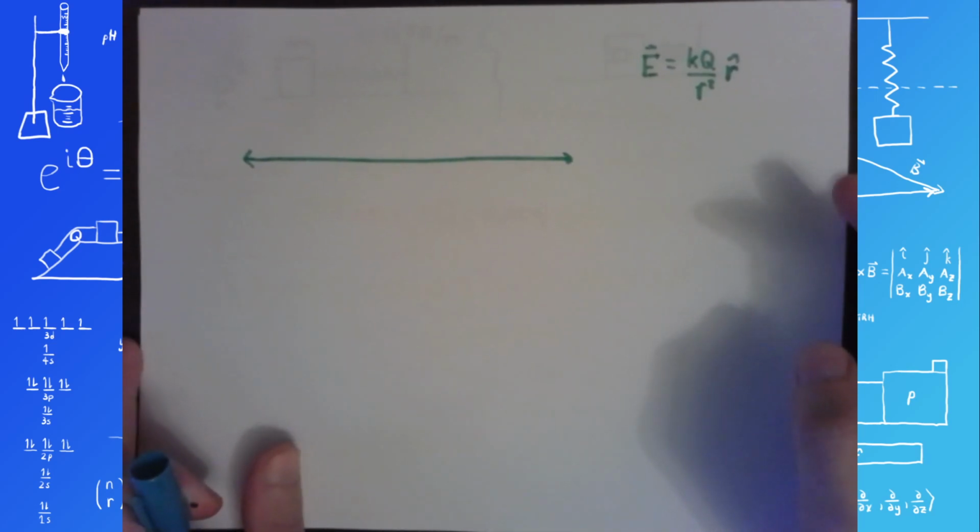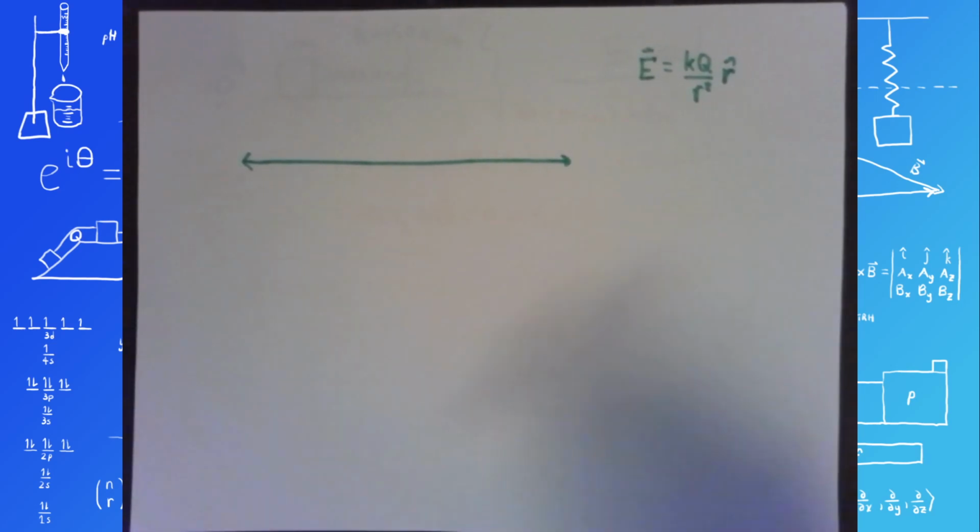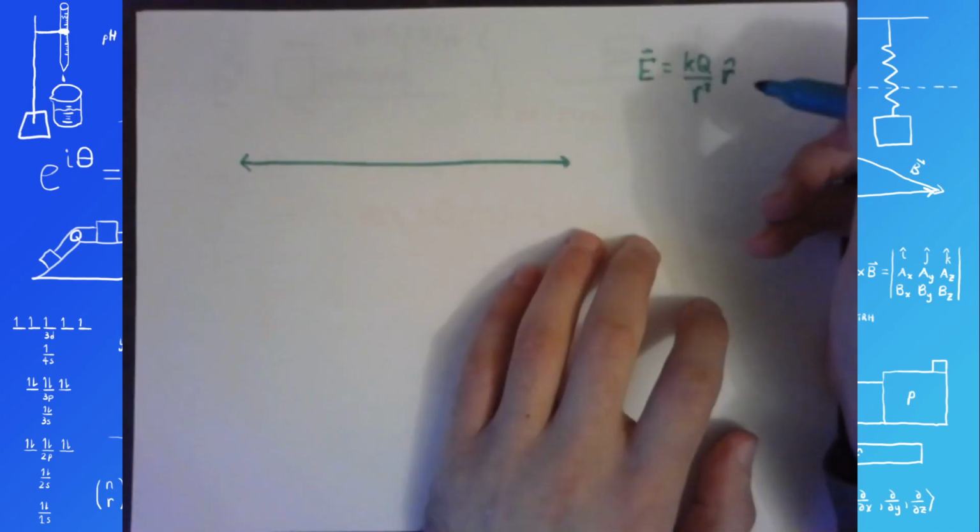That's stuff that you should have already seen in your electromagnetism physics class. Otherwise, if you're not in that sort of class, then this session is not going to be relevant to you. But you can still watch if you want.